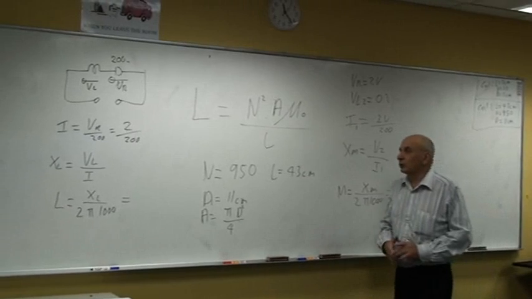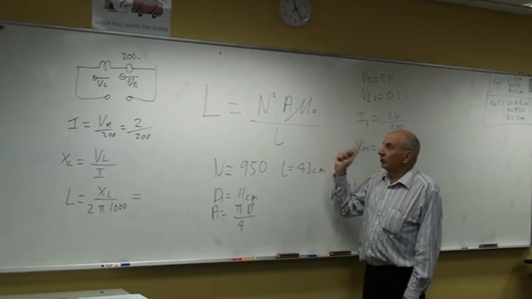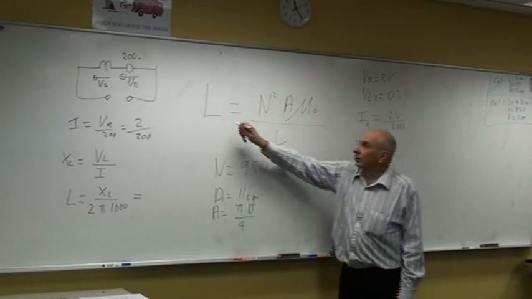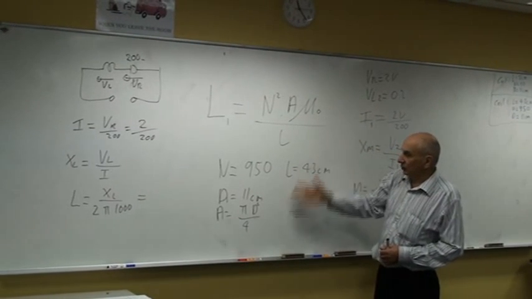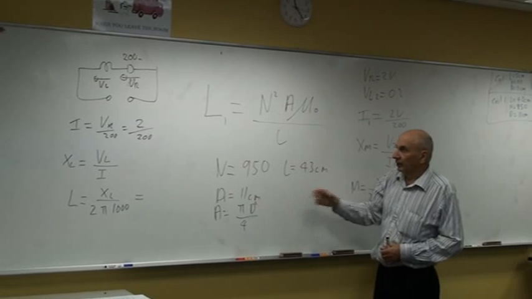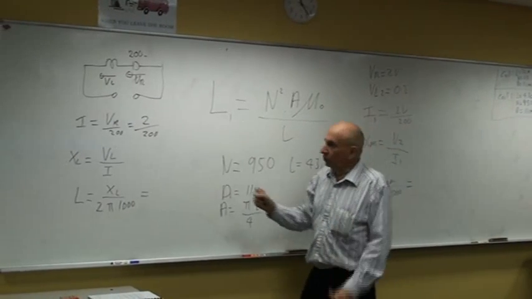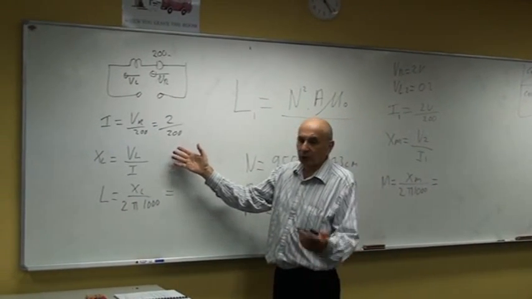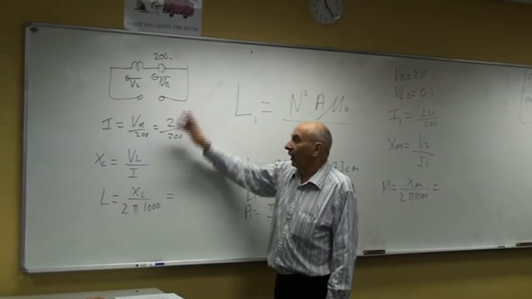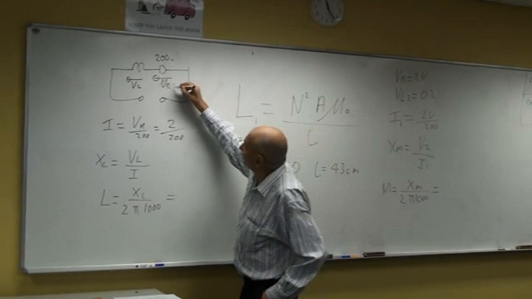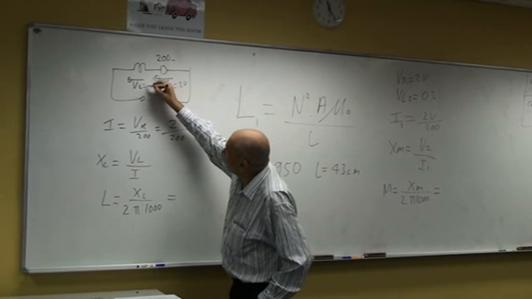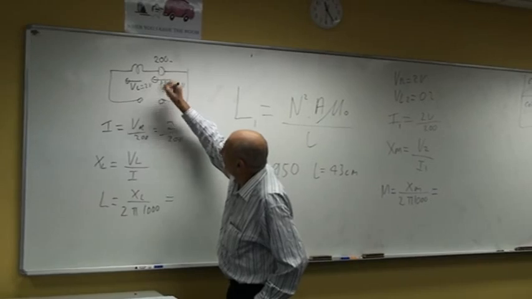Let's just recap once more. First, you calculate L1. That's the inductance of the primary coil. From that formula, using that data. Second, you use this data here. In your logbook, you write down these results. And you calculate the value of L using this method, knowing that VR equals 2 volts, and also, by design, the way I set it up, VL equals 2 volts.